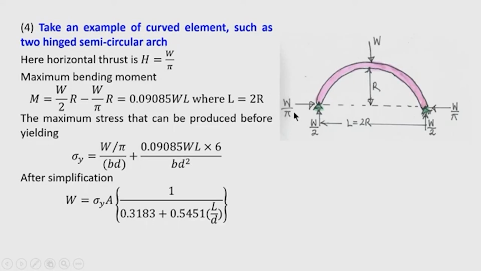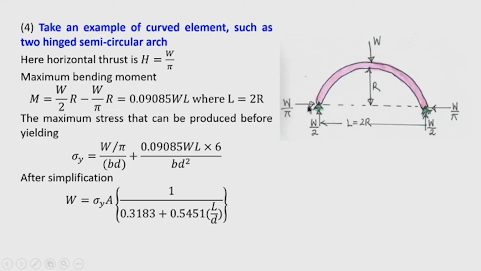This is W by pi, and this result can be obtained by any of the known methods, say Castigliano's theorem, because it is a single degree indeterminate structure. So, it can be very easily solved for the unknown reaction.